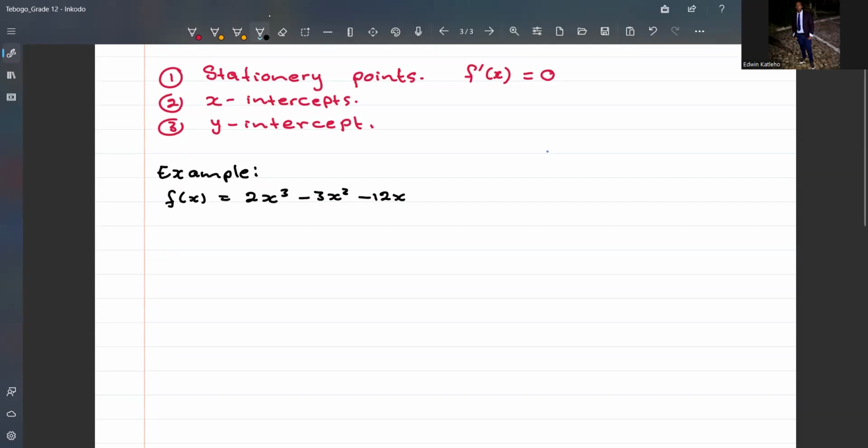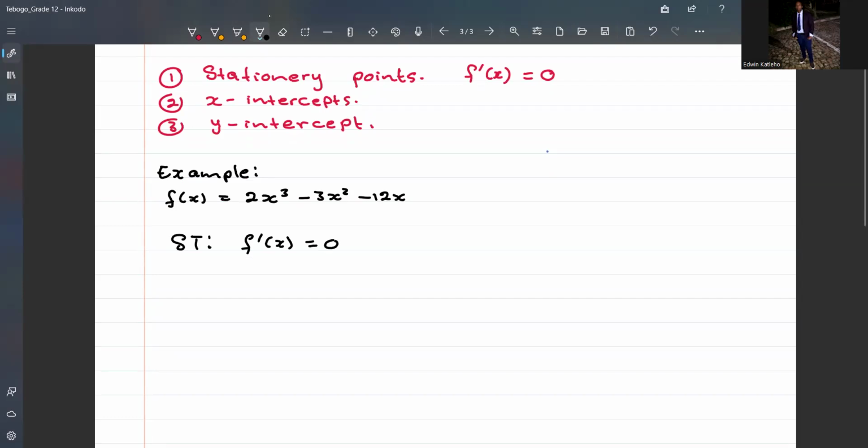Let's start with the first step. We need to find the stationary points. So all you're going to do is write for stationary points. We know that the derivative has to equal zero. Then we have to derive this.